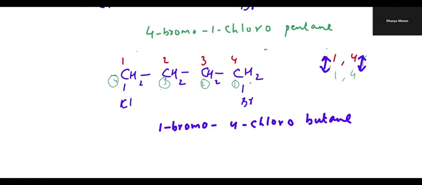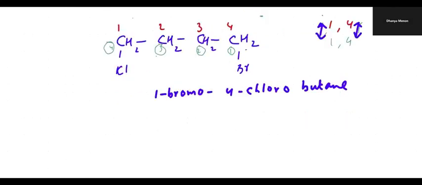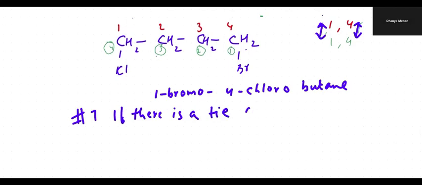So according to this, we have our 7th rule, which says if there is a tie, here there's a tie happening, right? A tie on the first point of difference. The first point of difference is the same. All the numbers are matching.